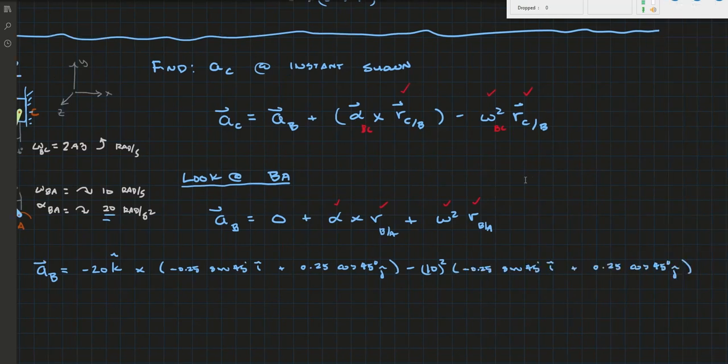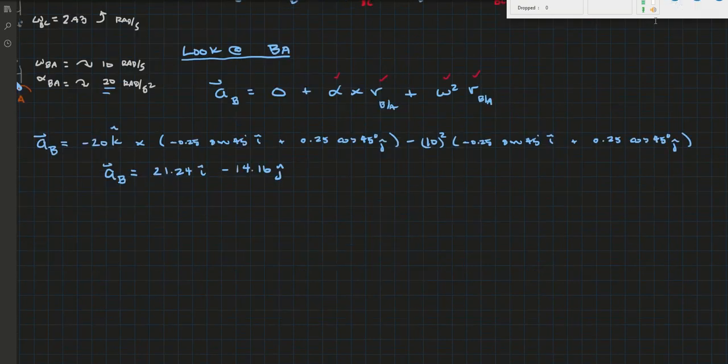As these problems typically are, this is just cookbook plug and chug numbers. So the acceleration of B equals, essentially you're going to end up with a 21.24 I component minus a 14.16 J component.